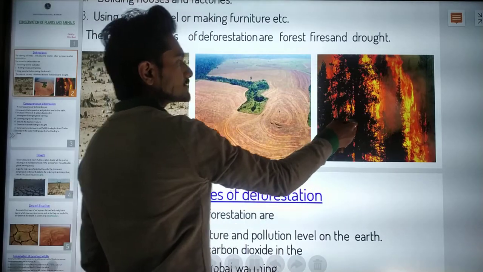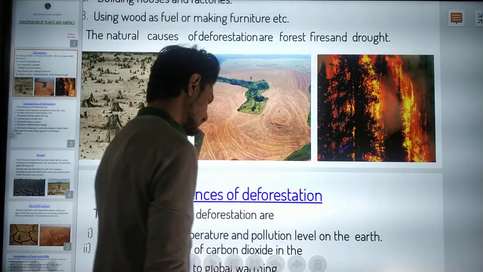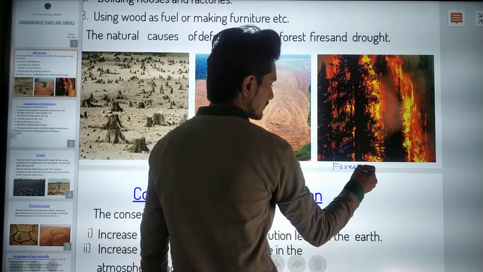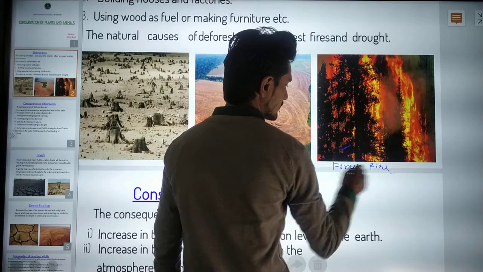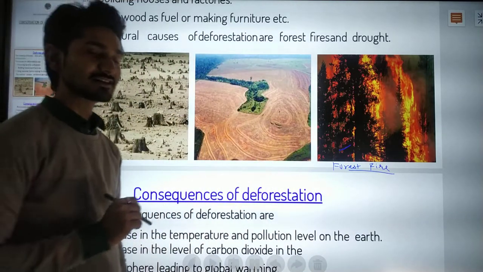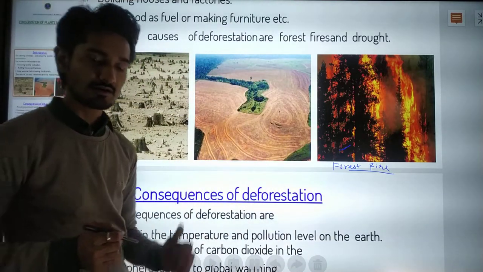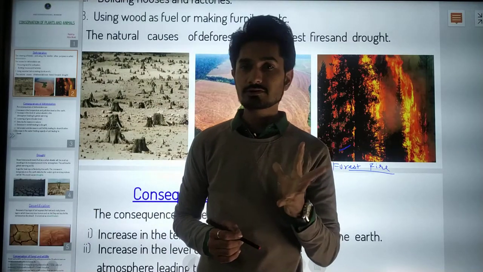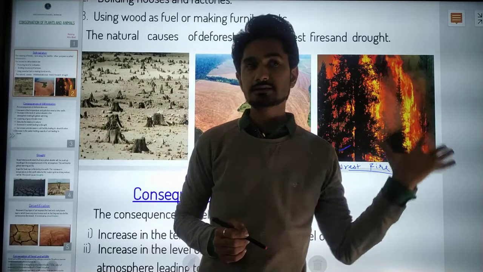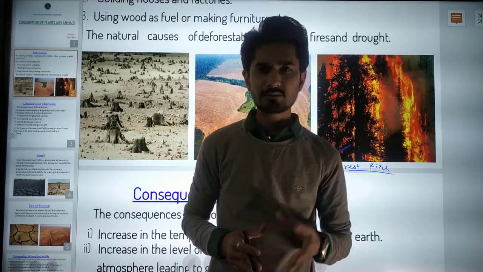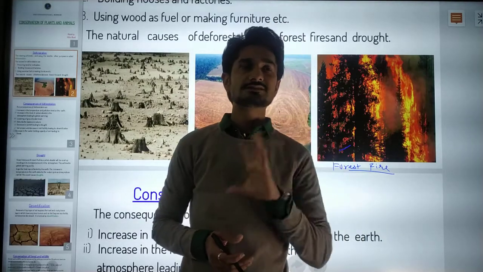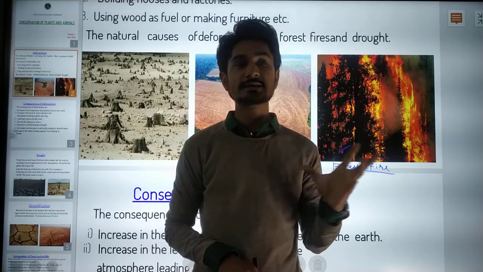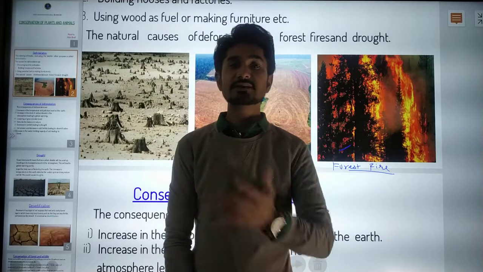Okay, so as you can see, this is the forest fire, and this causes deforestation. I don't know if you know that in 2019, maybe the starting of 2020 or 2019, a large number of trees were harmed due to the forest fire in Australia.